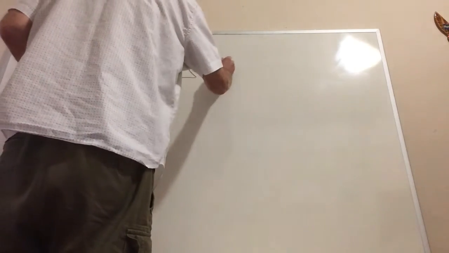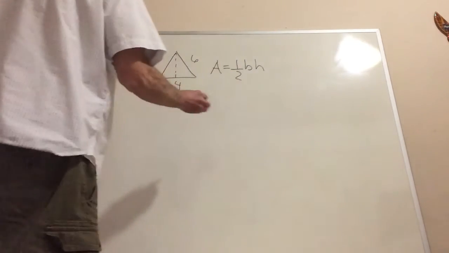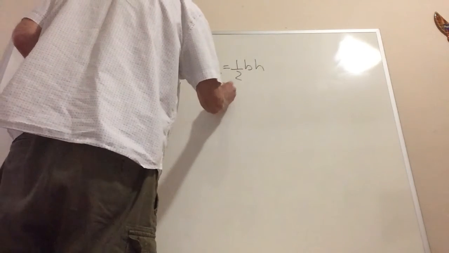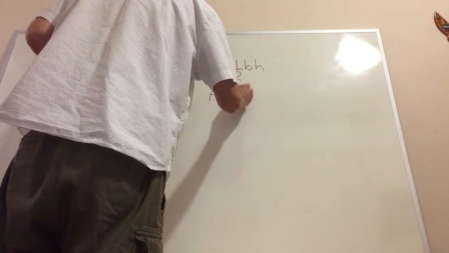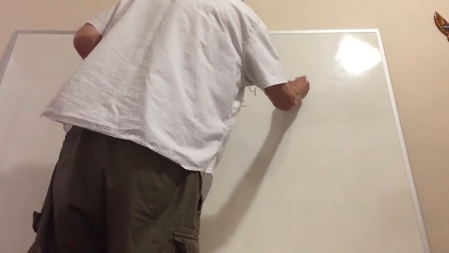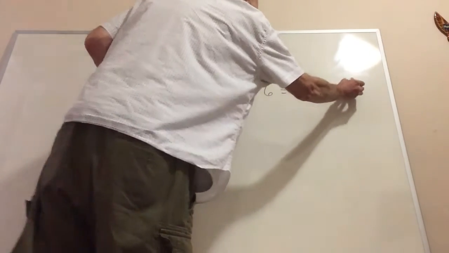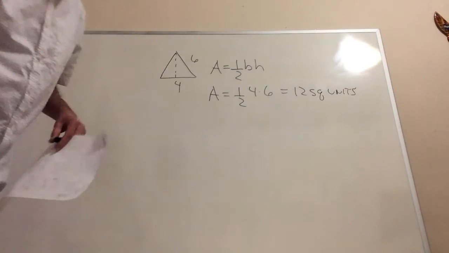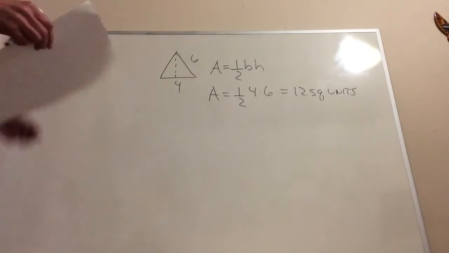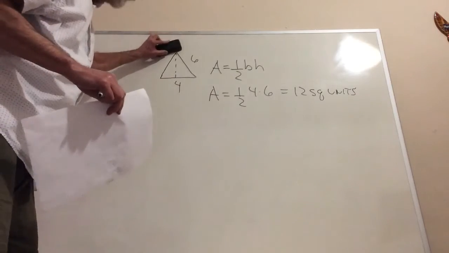As you're supposed to know anyway, the area is 1/2 base times height, and you said, oh my God, I can do that, 1/2 times 4 times 6, and without any trouble, most kids can come up with 12 square units. Okay, that's cool, but that's not 8th grade or high school, which is where we're headed anyway.